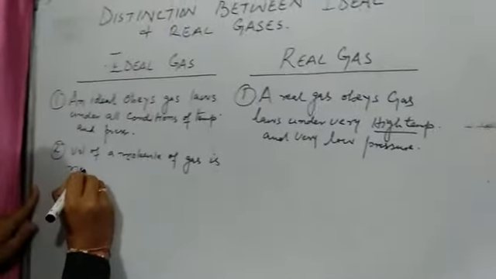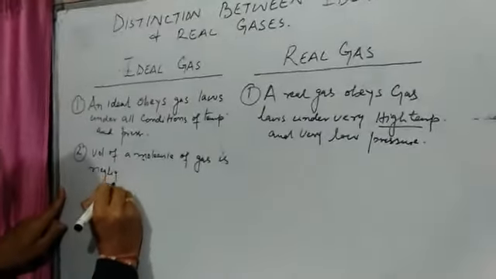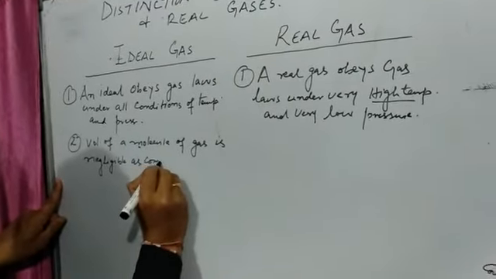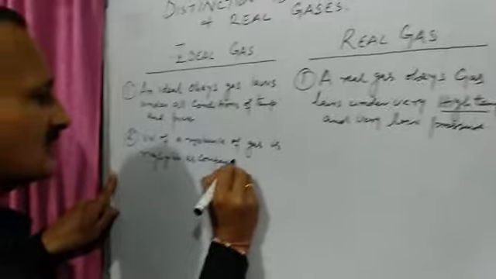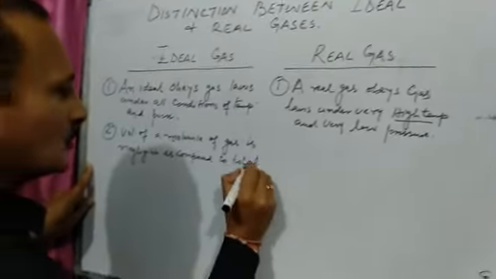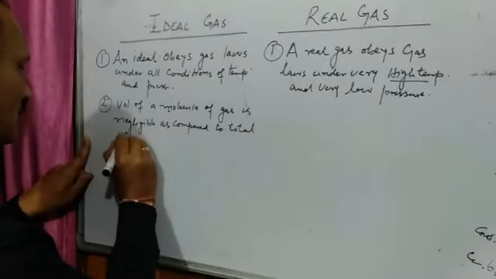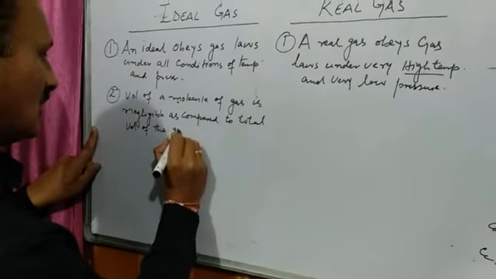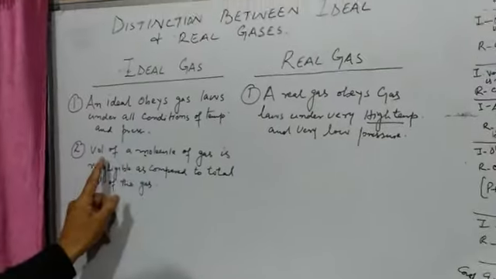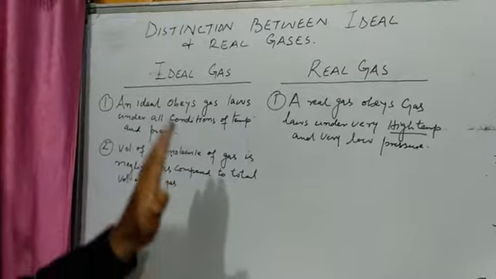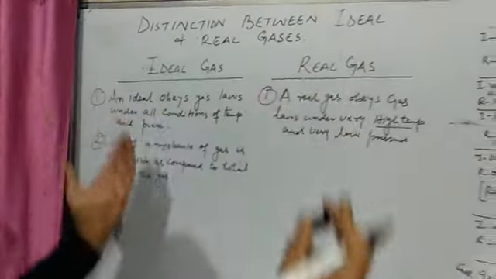That means it is so small that we can neglect it, negligible as compared to the total volume of the gas. So, in case of ideal gases, the volume of one molecule of a gas is so small that it is negligible as compared to the total volume of the gas.